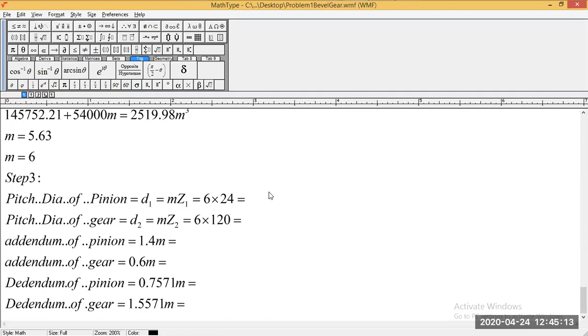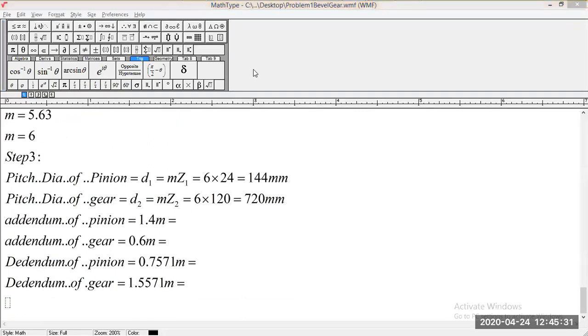So 6 times 24 is 144 mm. Then this is 120 times 6, 720 mm. Okay. All these we can find out individually. Then we'll move on to the next step.